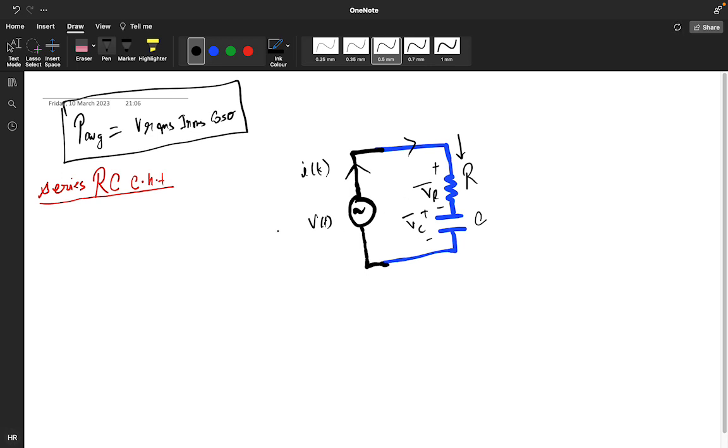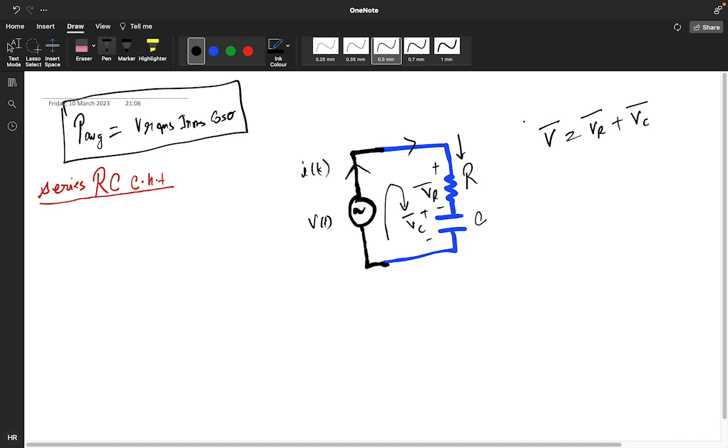So what is the overall combination? If you apply the KVL, you will get V phasor is equal to VR plus VC. This potential is the combination of this potential plus this potential. V can be written as I phasor into the overall impedance.